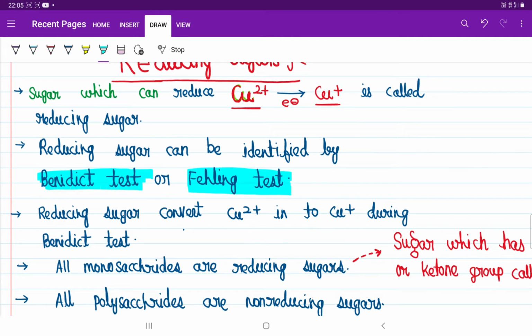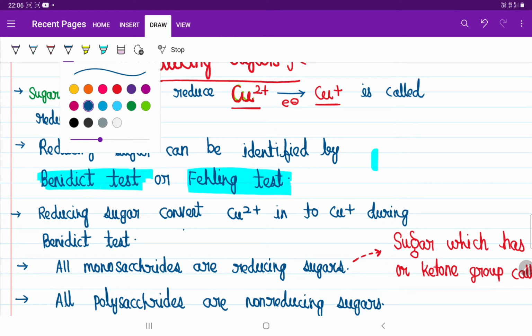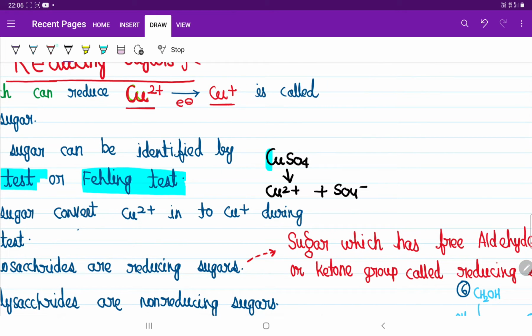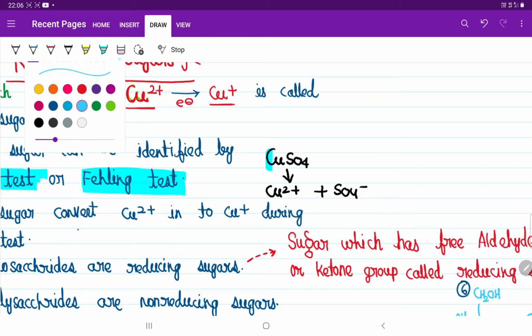Particularly if you see the case of the Benedict test, in the Benedict test we will use copper sulfate. Copper sulfate will mix with water, and when mixed with water, this copper sulfate will dissociate into Cu2+ and SO4 2-.